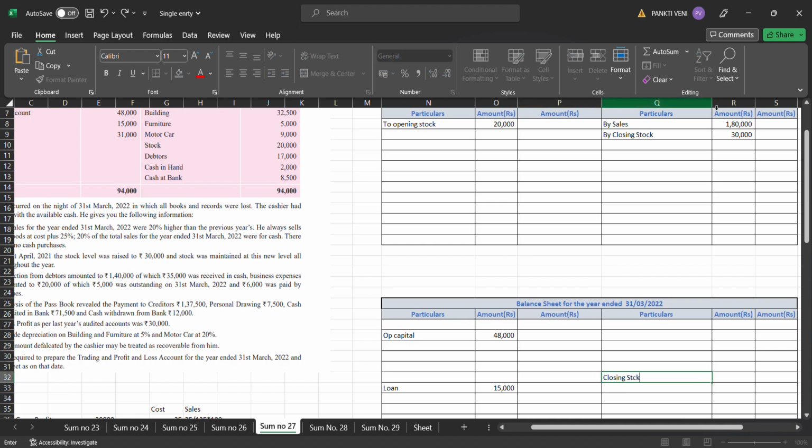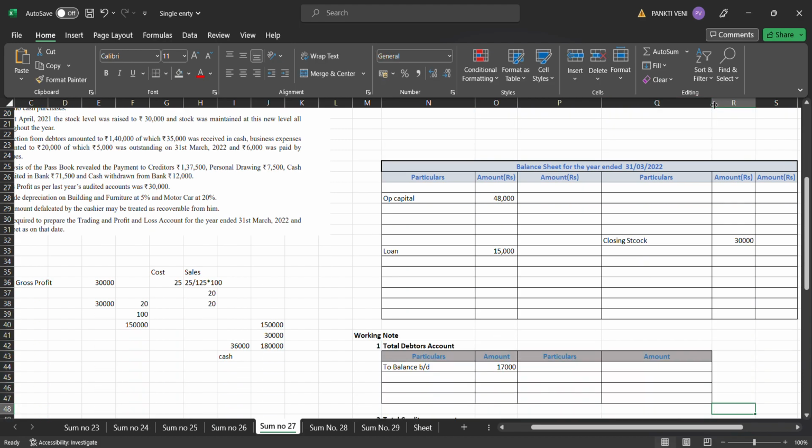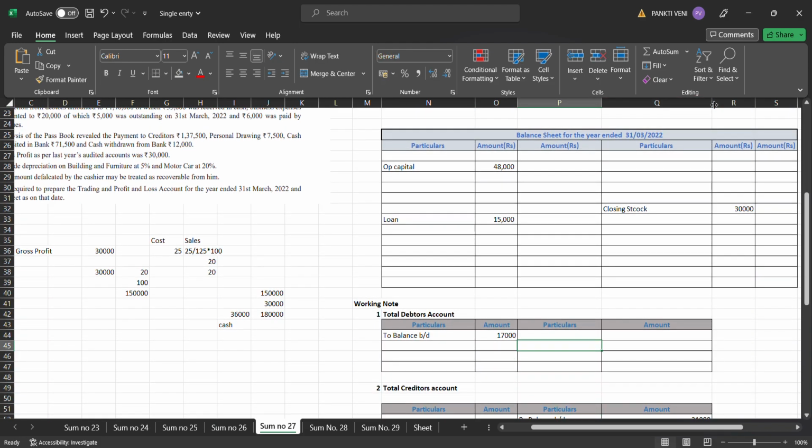So you'll take closing stock in your balance sheet also, 30,000. You'll take your credit sales in your debtors. So by sales you'll take it in your debtors, that is 1,44,000. Okay, done.